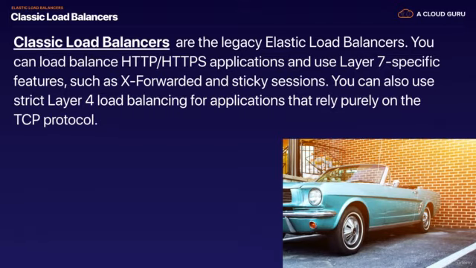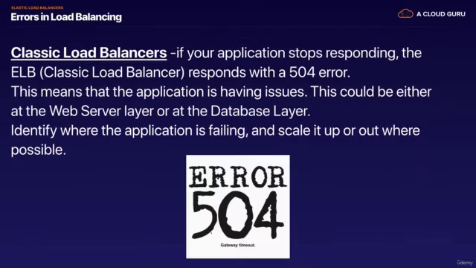And we'll come to what X-Forwarded-For is in a second. You can also use strict layer 4 load balancing for applications that rely purely on the TCP protocol. Classic load balancers are not all that intelligent. You really want to be using application load balancers. Where you would use classic is if you don't really care about how traffic is routed, and if you're just doing basic round robin, then you might want to use classic because it's going to be a bit cheaper.